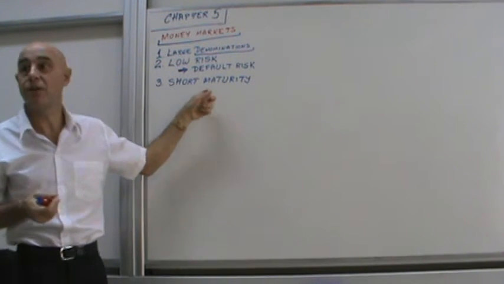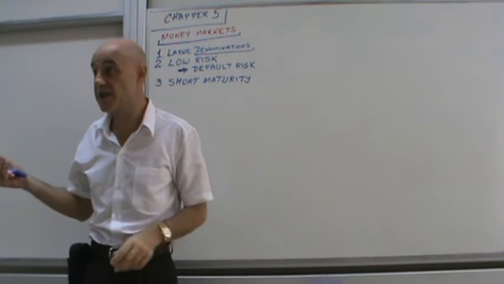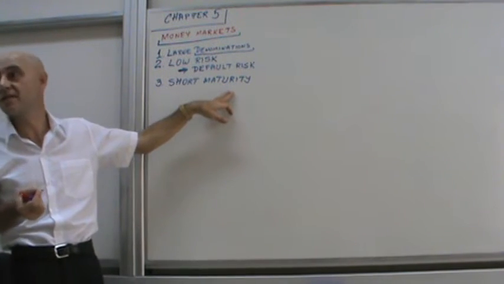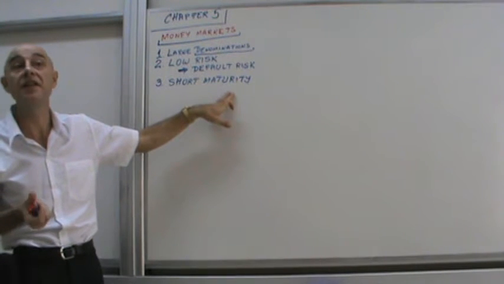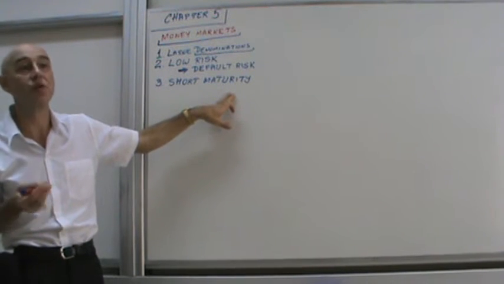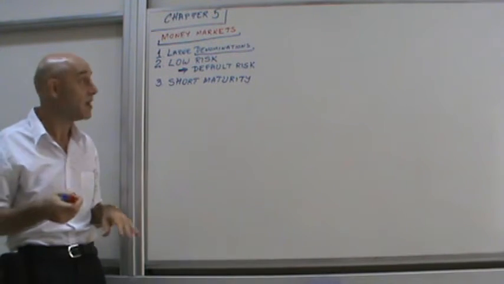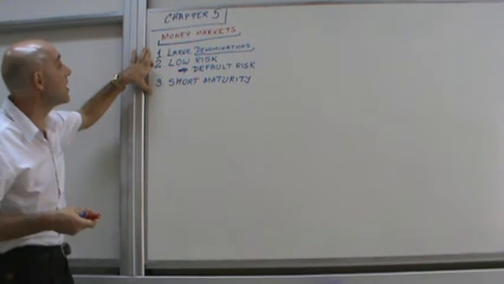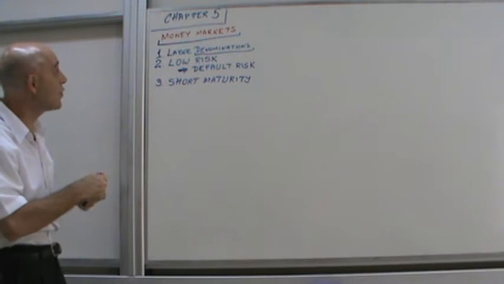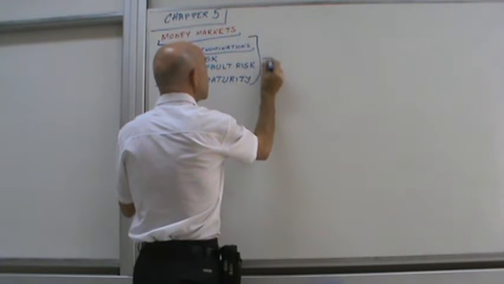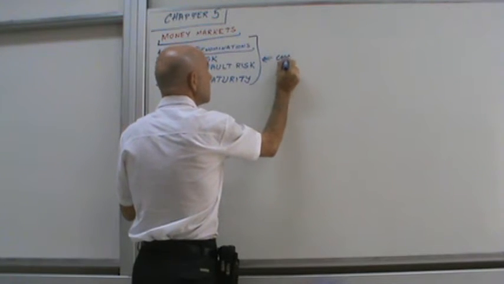We define it as less than 1 year, but in practice it's less than 270 days, less than 9 months. Because if it's more than 9 months, now there are regulations and other things happen. So these are the 3 money market characteristics.